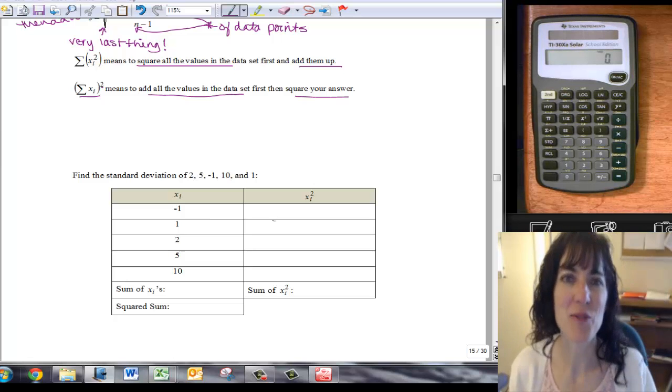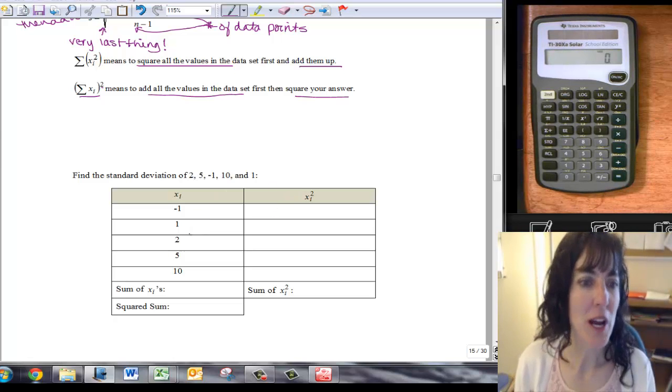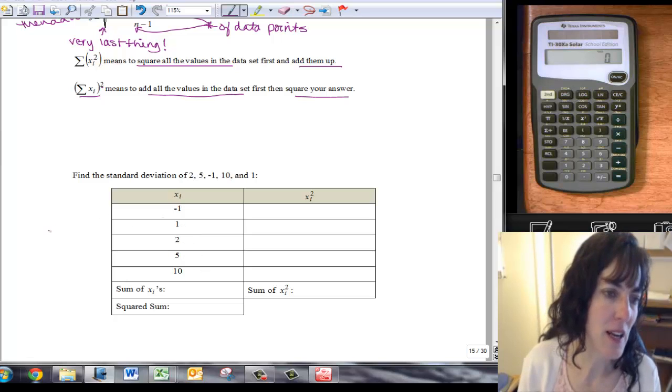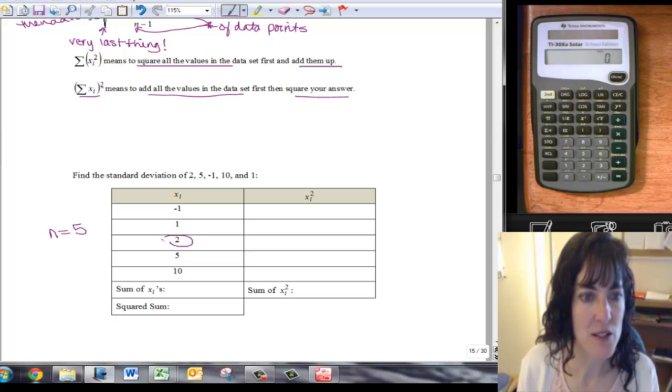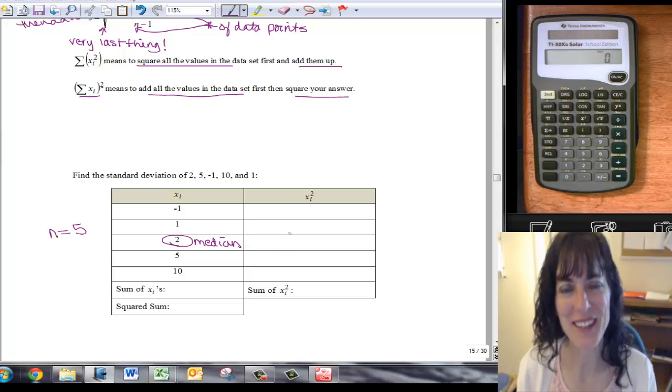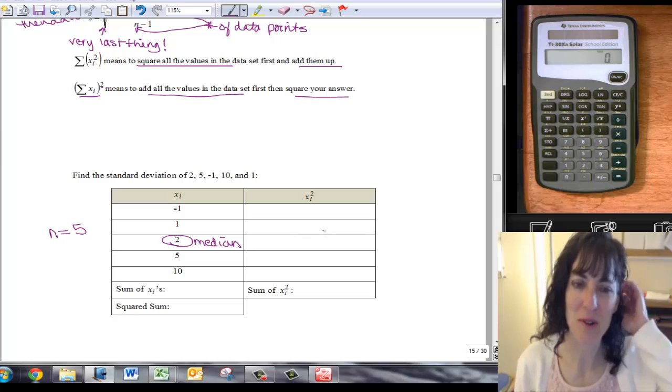And it's easy to identify mode if our data is ordered. I can see I have no mode. 1, 2, 3, 4, 5 data items, so my n is going to be 5, and that means that this 2 is my median. And again, remember, you do not have to do this analysis. I just happened to because it was all in order there.